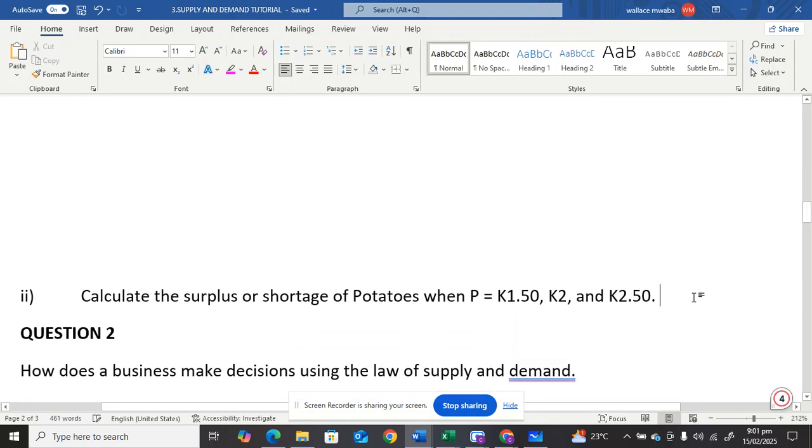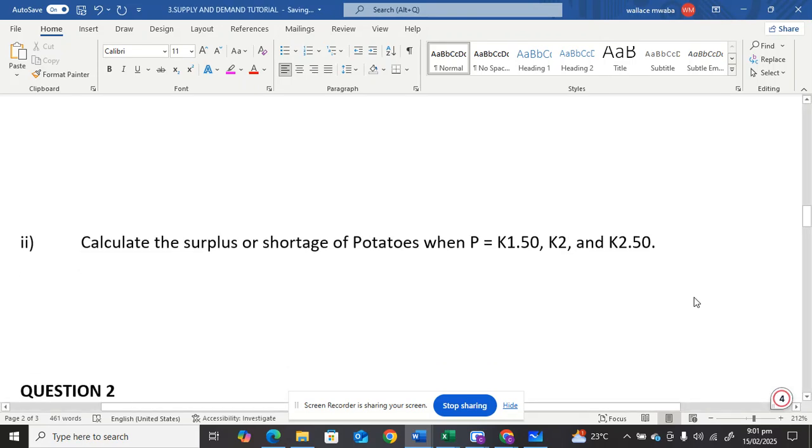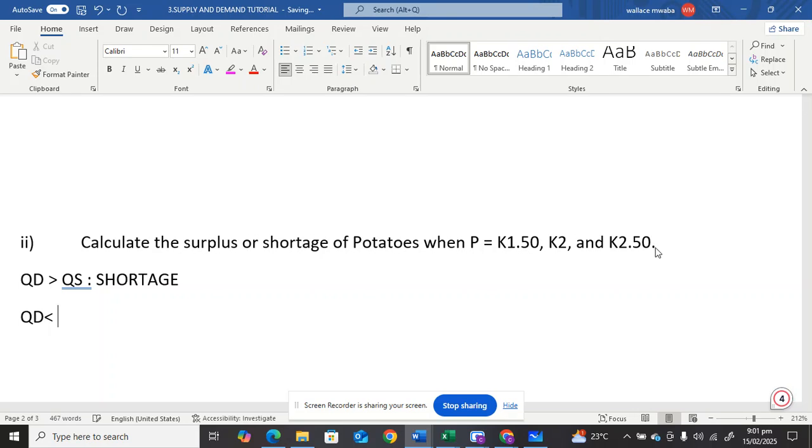Part 2, it says calculate the surplus or shortage of potatoes when P is 1.5, P is 2 kwacha, and P is 2.5 kwacha. So remember here, if quantity demanded QD exceeds quantity supplied QS, then we have a shortage. If quantity demanded is less than quantity supplied, we have a surplus.